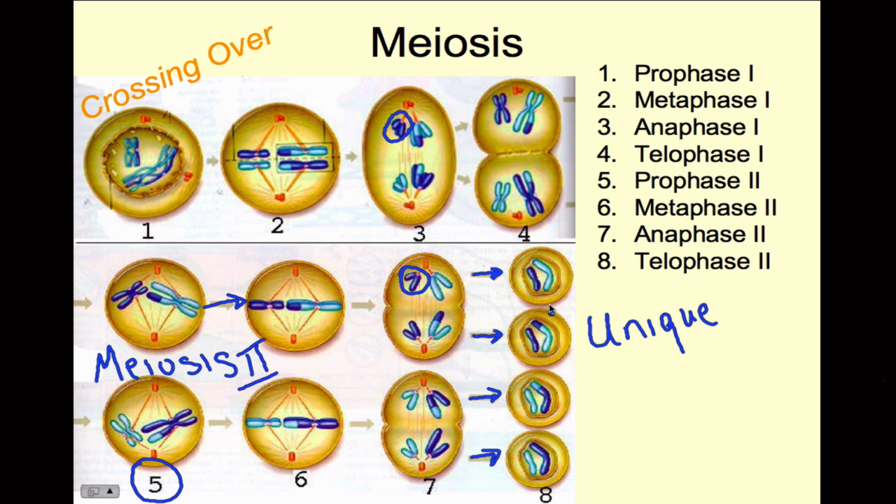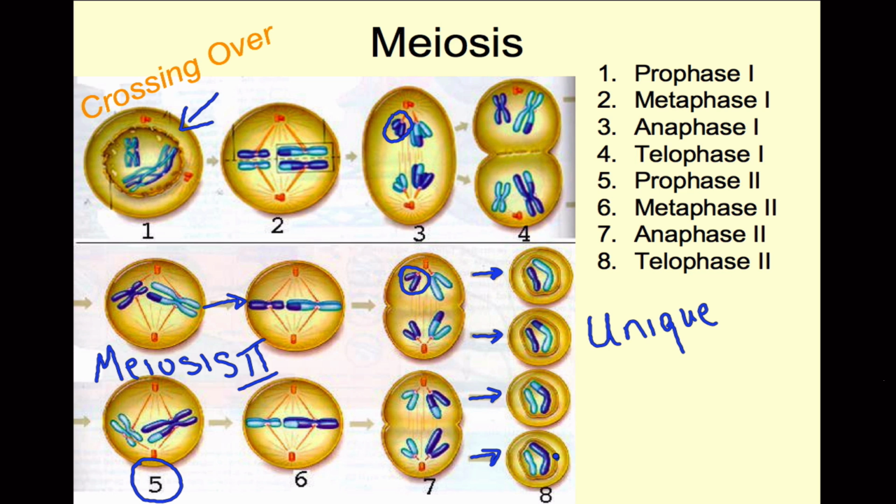They are all different, so none of these are the same. They don't match each other, and they don't match that original cell that they started with. So they have different genetics, and that is an extremely important component of genetic variability in our world, because this meiosis process produces 4 genetically different cells.